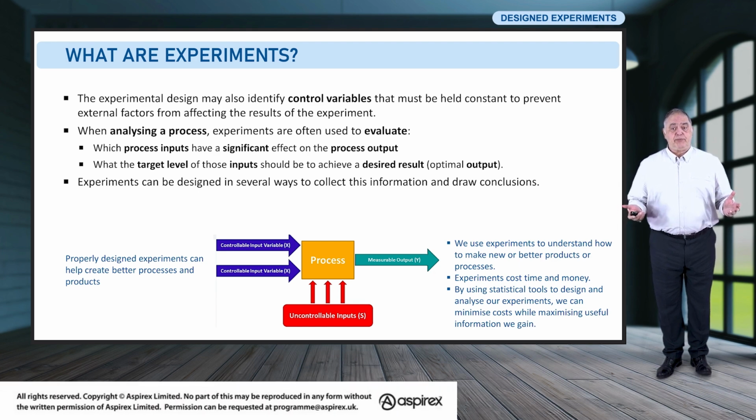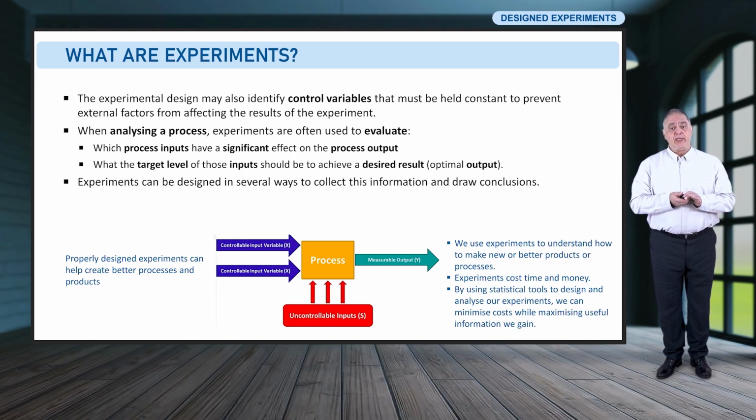When analyzing a process, experiments are often used to evaluate which process inputs have a significant effect on the process output, and what is the target level that we should consider in order to have the desired effects in the process output.